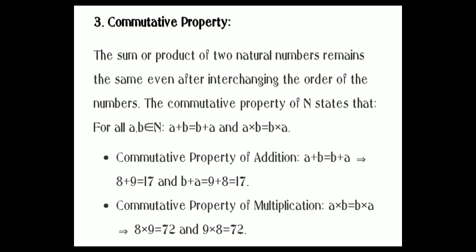For example, 8 times 9 is equal to 72, and 9 times 8 is equal to 72. Meaning the two natural numbers remain the same after interchanging the order of the numbers. So the set of natural numbers N is commutative under addition and multiplication, but not in the case of subtraction and division.